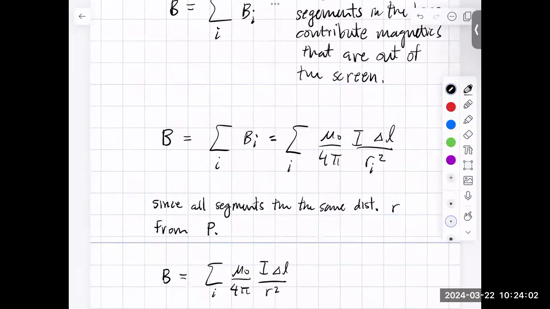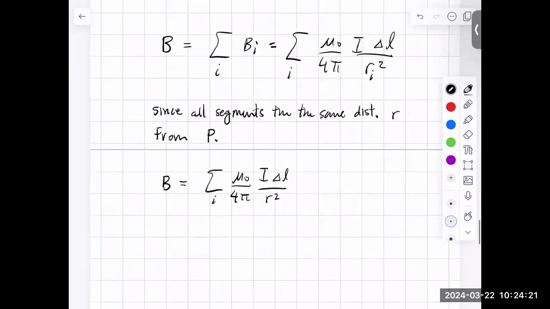We don't need a subscript if all of the lengths, all the radii are equal. Okay, to make this result exact, what you would do is you would shrink your current segments into these tiny short little pieces and add up many, many, many of them.